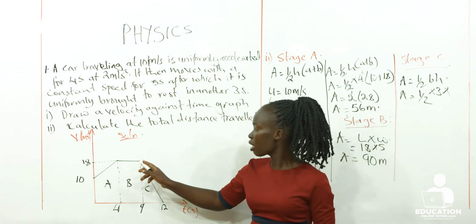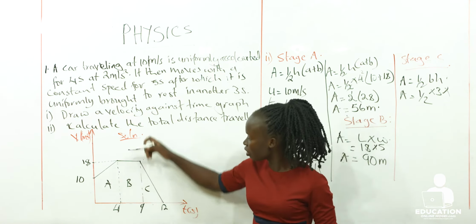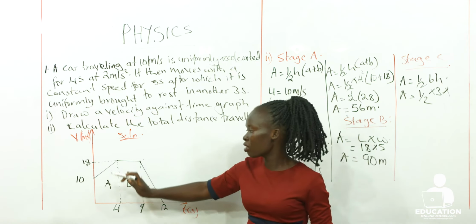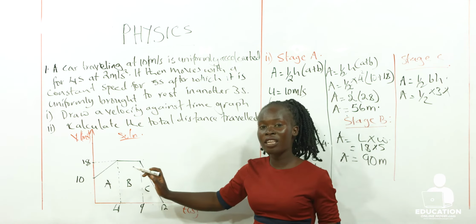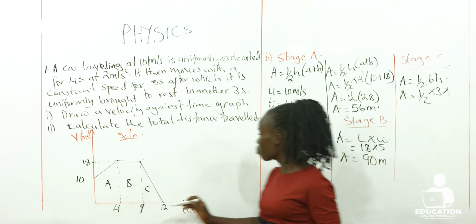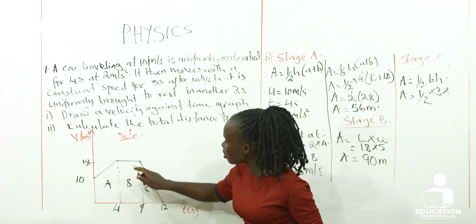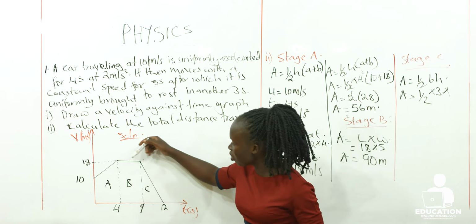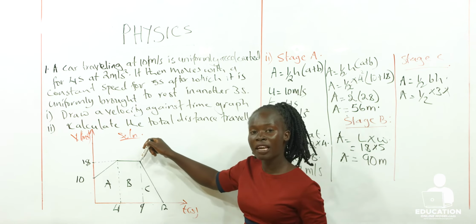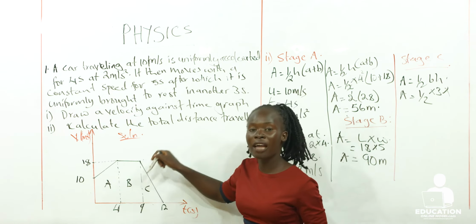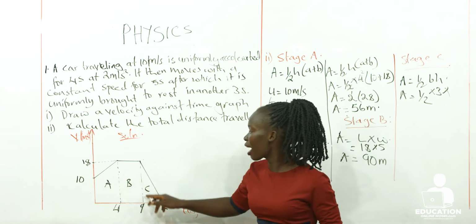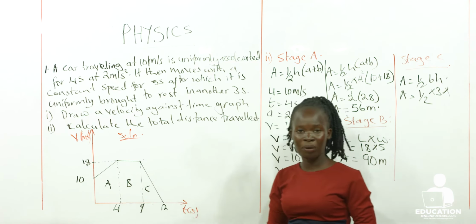The height there is the final velocity, actually the final velocity of the second stage. We are using it at this point because the final velocity of the first stage becomes the initial velocity of the next stage, and it becomes the height of that shape.